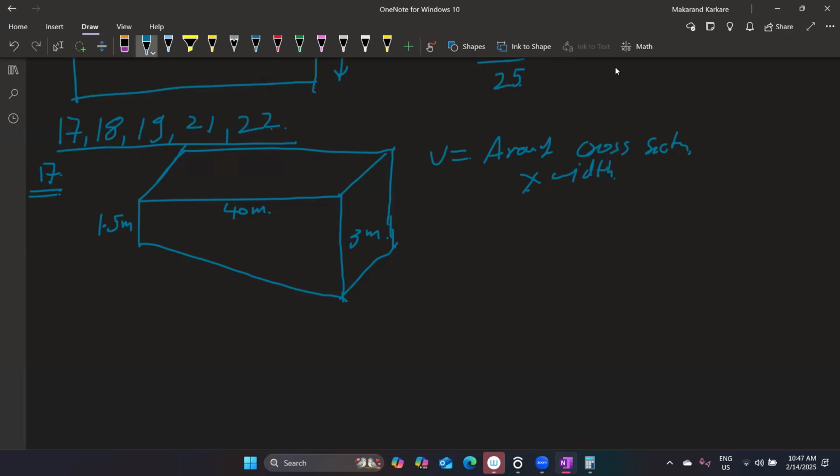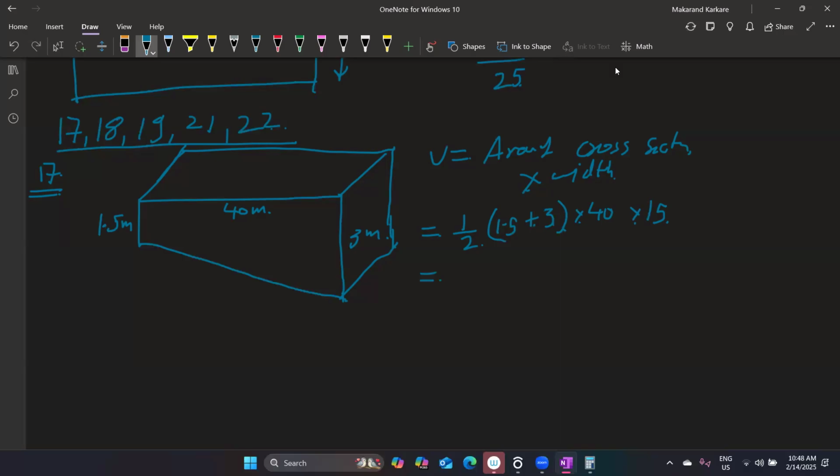How do we calculate area of cross section? It's a trapezium. Half into sum of parallel sides into height. So half into 1.5 plus 3, multiplied by 40, multiplied by 15, which is the width.